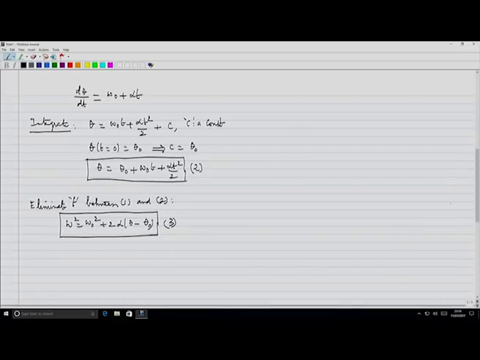Now we want the relationship between angular and linear quantities. Next topic is relationship between angular and linear quantities.